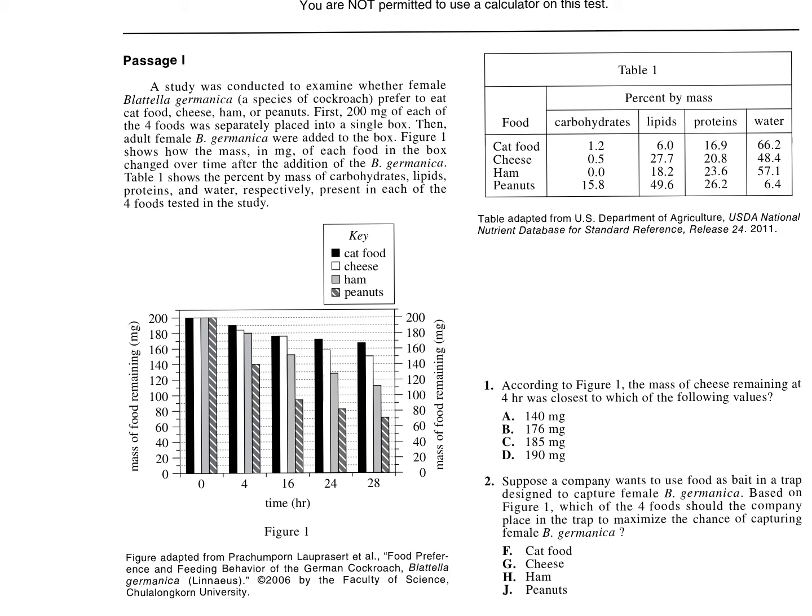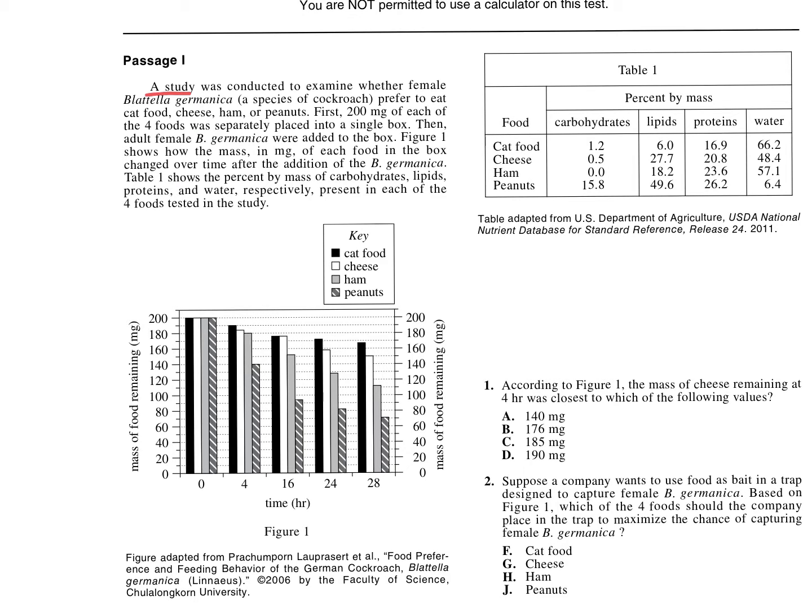Okay, so this says passage 1, a study. That's the key term, okay? A study. So it's not multiple things that we're looking at here. It's only one thing, a study. They're just giving you that data in different forms here. So whenever you see that, that immediately tells you this is a data rep.